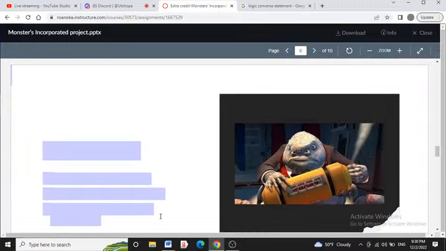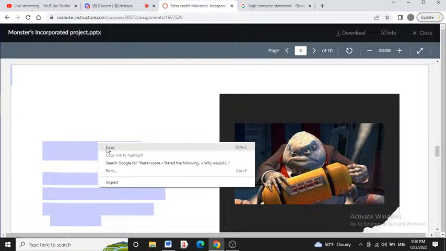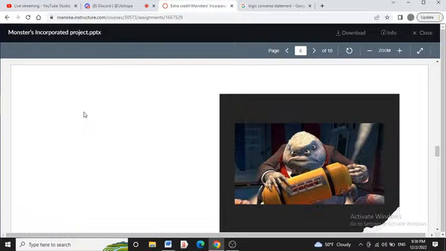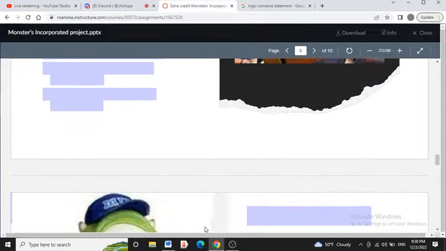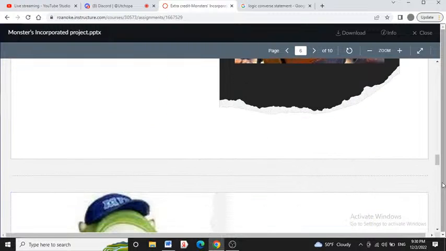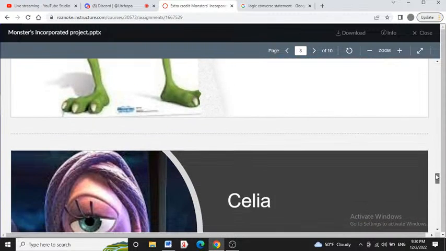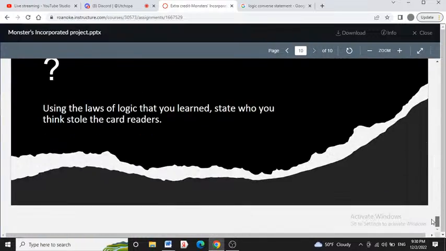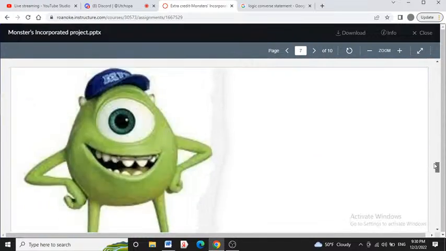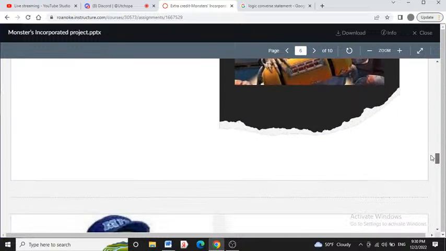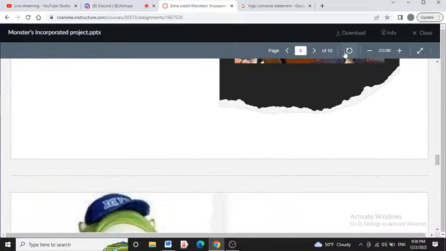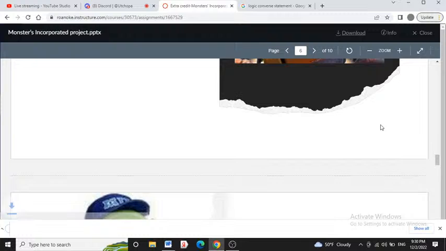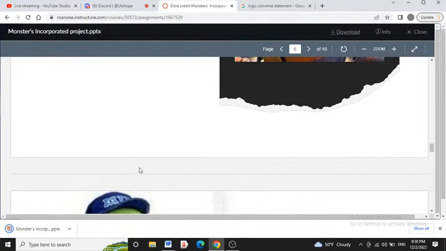I don't think they put it in text. I think two of these are glitched. I'm gonna go ahead and download this just in case it's glitched on Canvas.